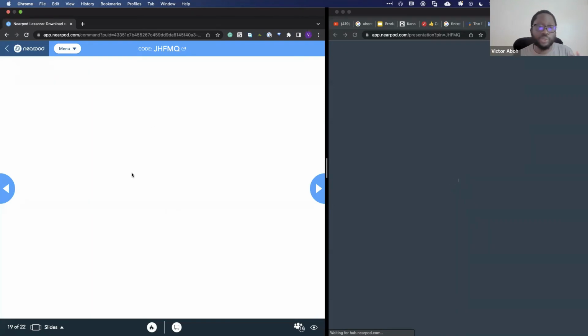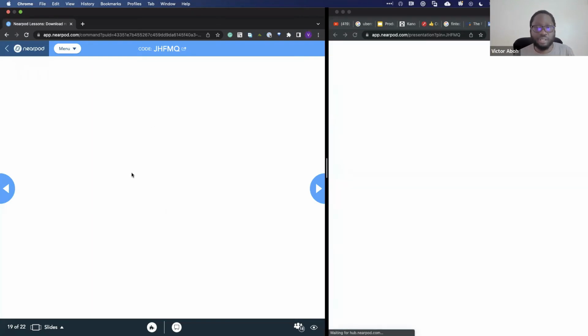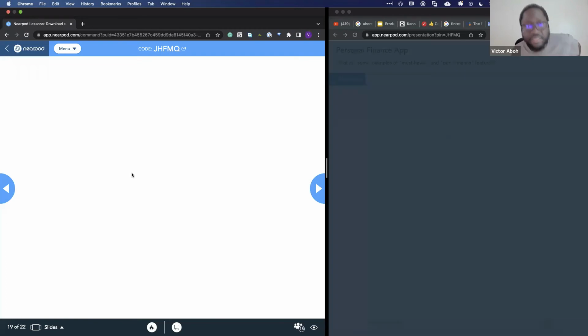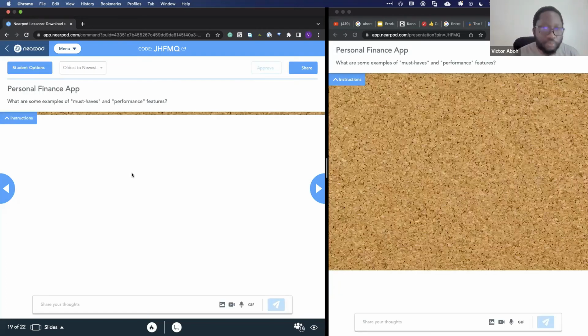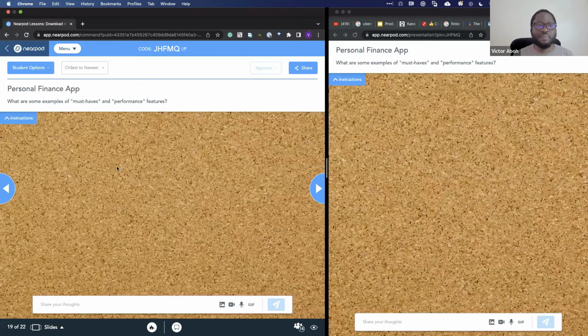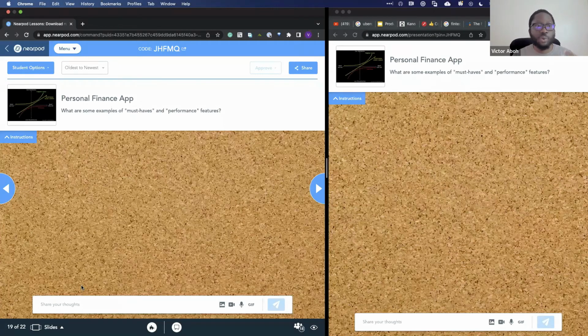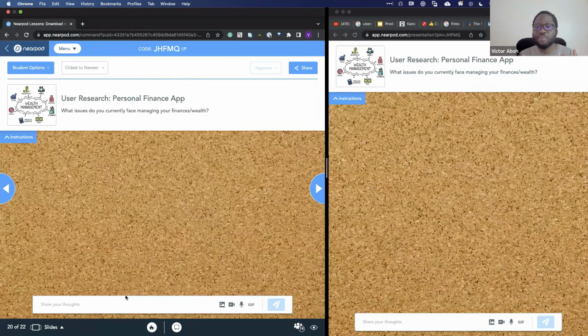So let's jump into the exercise. We're going to try and do this using that Kano model in a sense, but also we're going to start by asking ourselves, what are the must-haves and the performance features that we would introduce into this company. So let's assume that everybody on this call is a customer. We all use money. We all need money. And I'm sure we all want to grow our wealth.